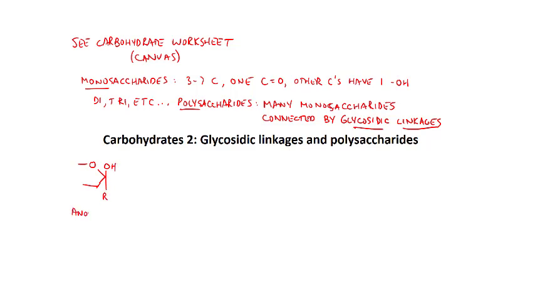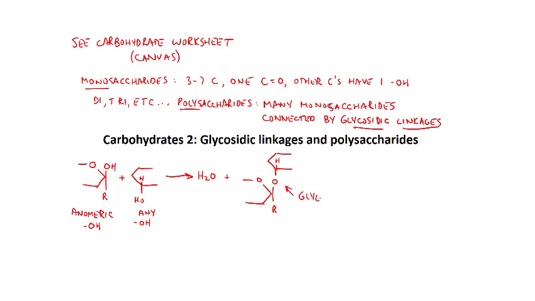You take the anomeric OH from one carbohydrate molecule, one monosaccharide, and any OH on a second monosaccharide, and you condense those together, you lose water, and what you get is something that looks like this. Now we have a glycosidic linkage.